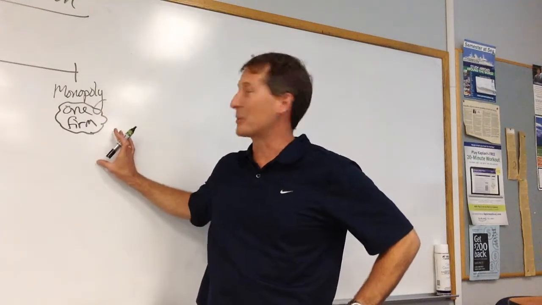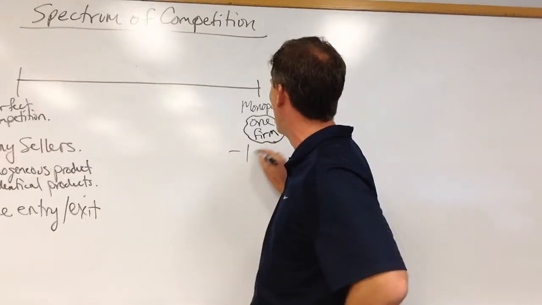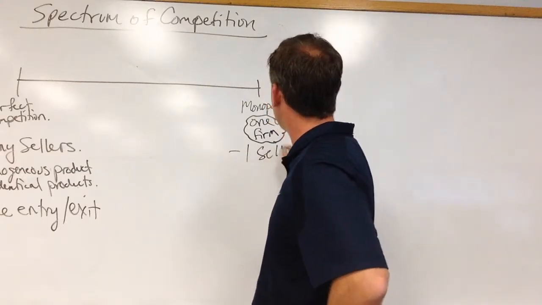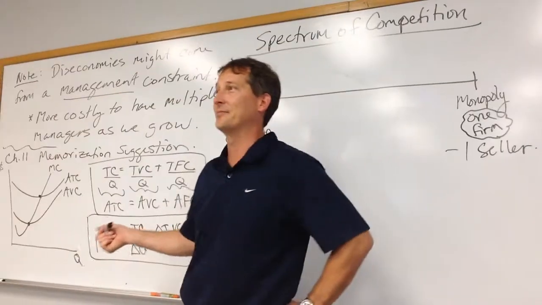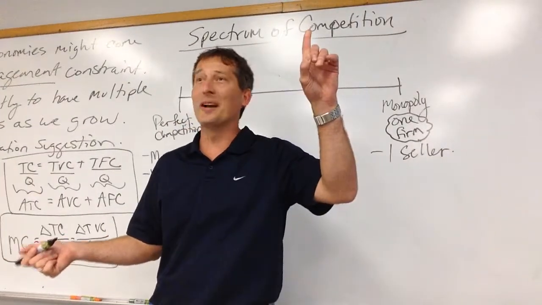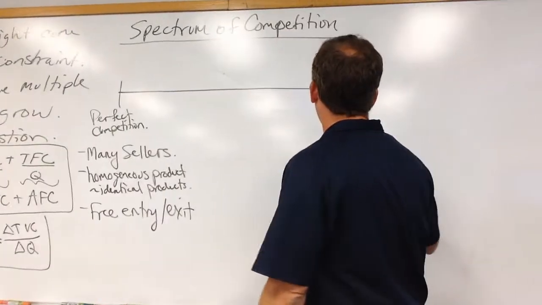At the other end of the spectrum, we've got the one firm, so one seller. If there's one seller, what type of product are they selling? There's only one thing, right? So it's, again, kind of a homogeneous product here.